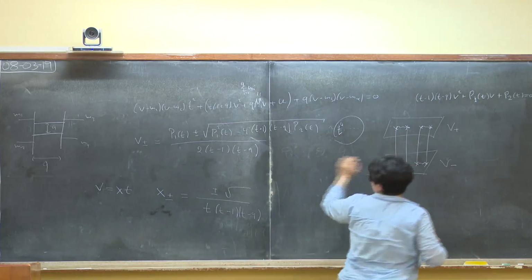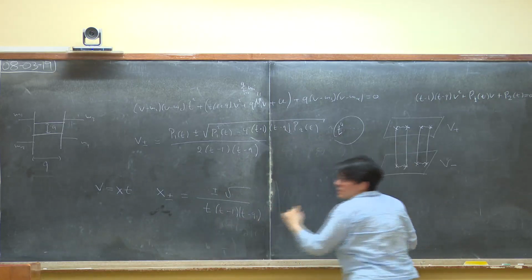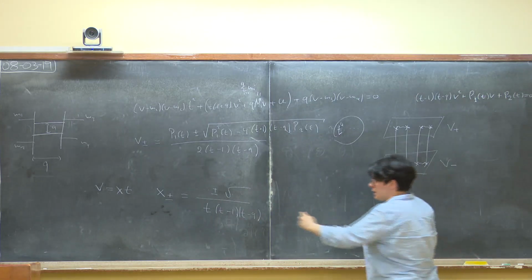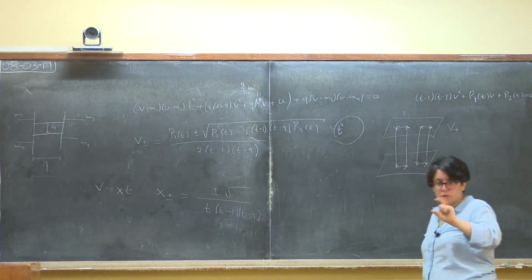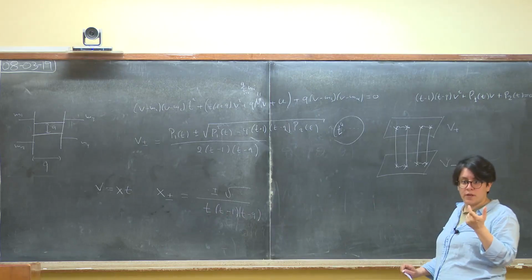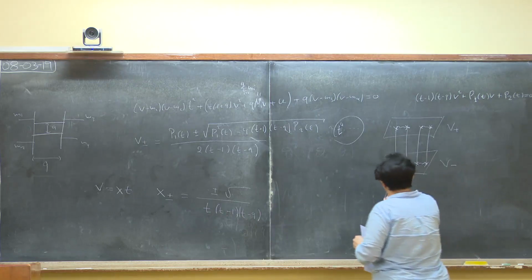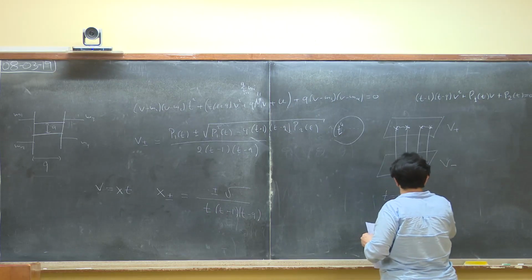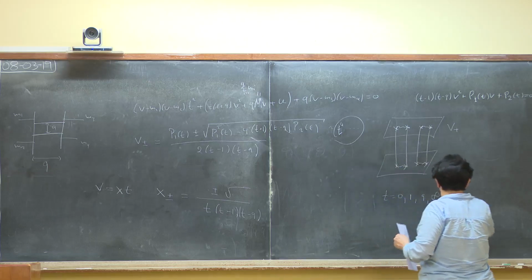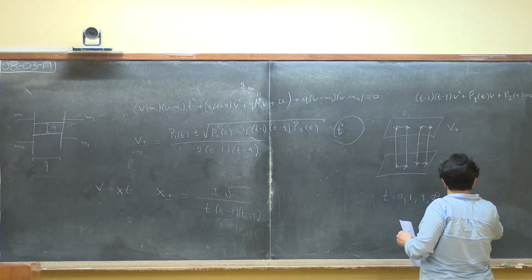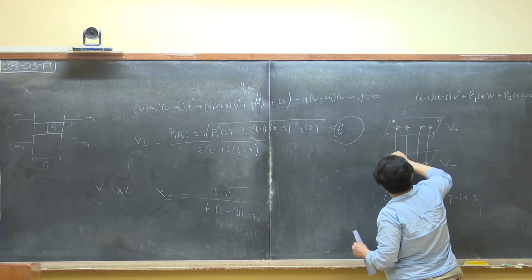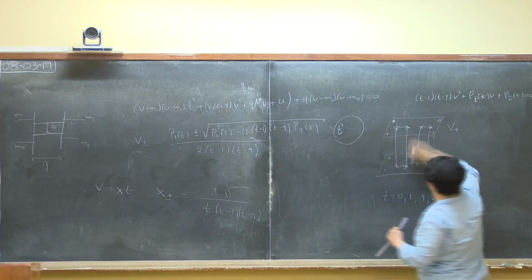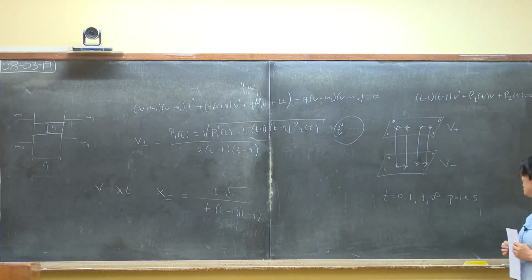This we saw already here, and here we see that it has poles at t equal to 0, 1, q, and of course if you set t to 1 over v, you see that there is another pole at t equal to infinity. So t equal to 0, 1, q, infinity are poles, and we can put them also here. There will be the image of them in both of the seats. So this is the structure.